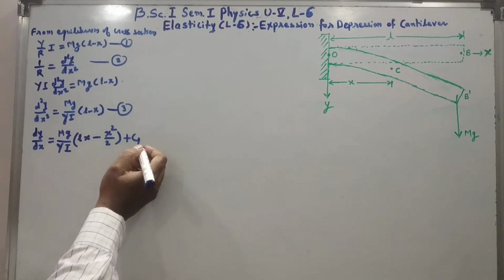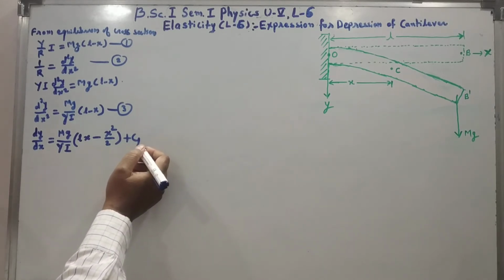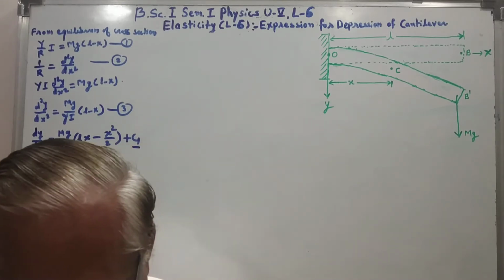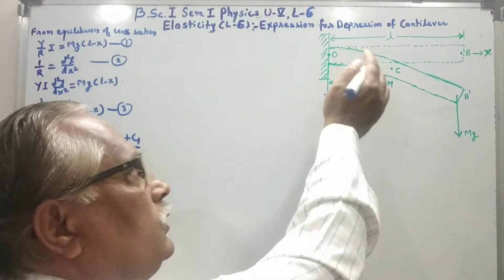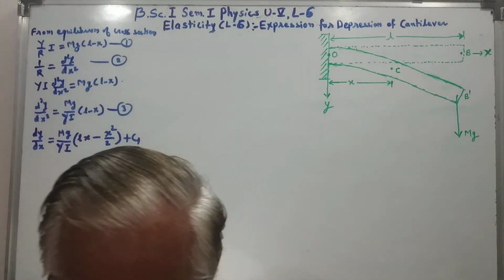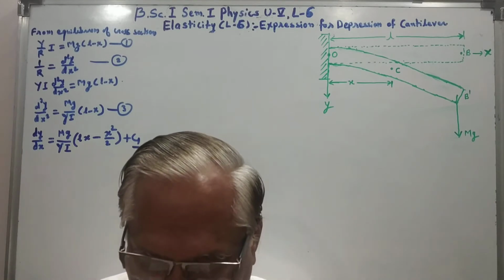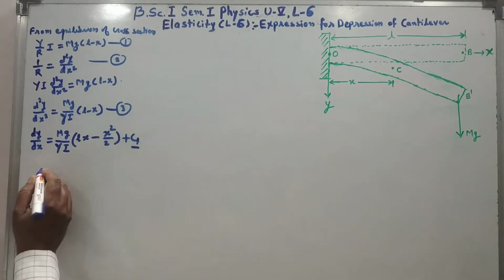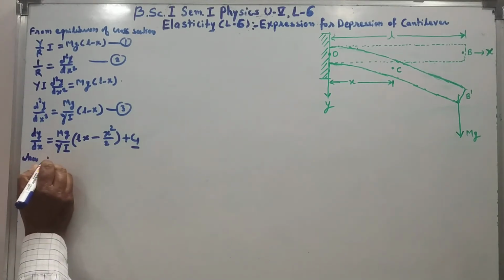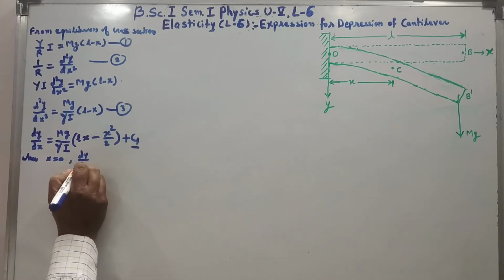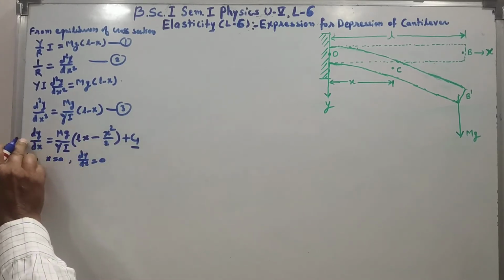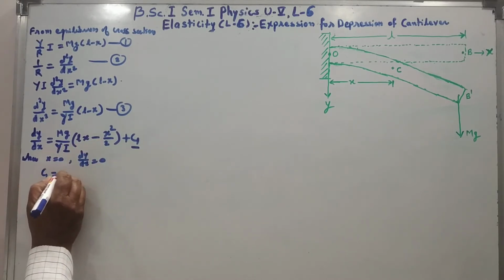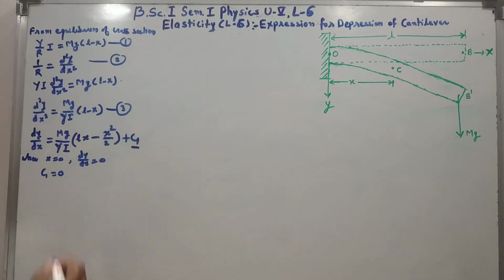Now we have to obtain the value of the constant of integration C1. When the value of x is 0, the tangent of the neutral axis is horizontal, and therefore dy by dx is 0. Putting dy by dx equal to 0 and x equal to 0 in this equation, we get the constant of integration C1 equal to 0.